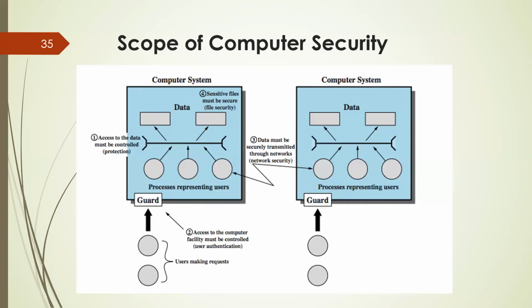Number three, data is going to be transmitted from one network to another, so it must be encrypted such that it is secure along the way.